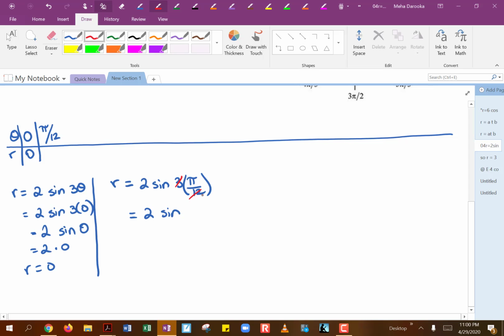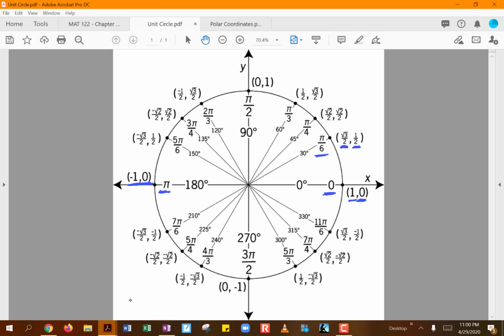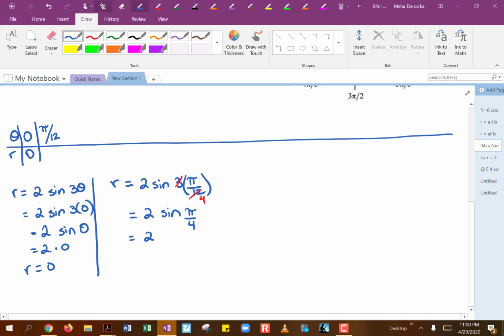You can reduce this: 3 goes into 12 4 times, and you will end up getting 2 times sine of pi over 4, which is 2 times square root of 2 over 2. The 2 on the top can cancel out the 2 on the bottom, leaving you with an r value of square root of 2.